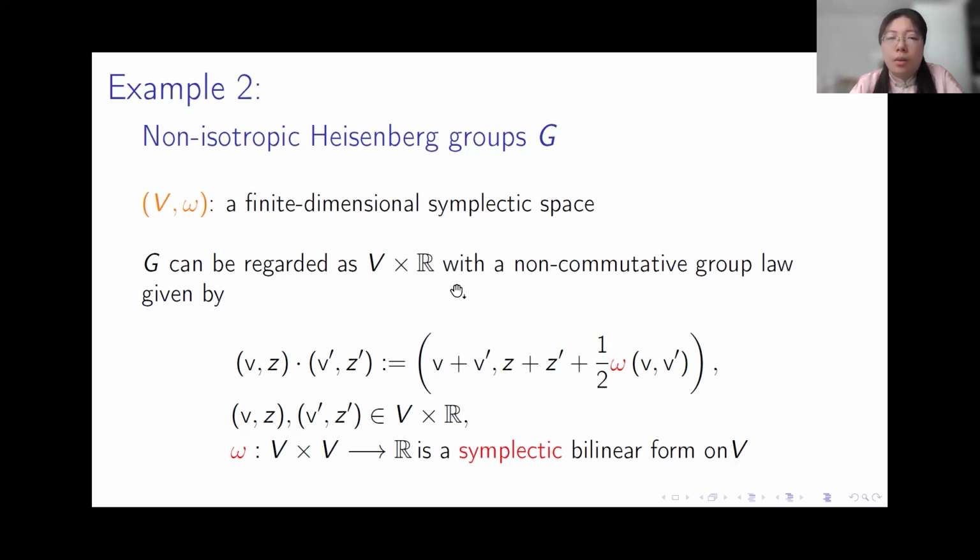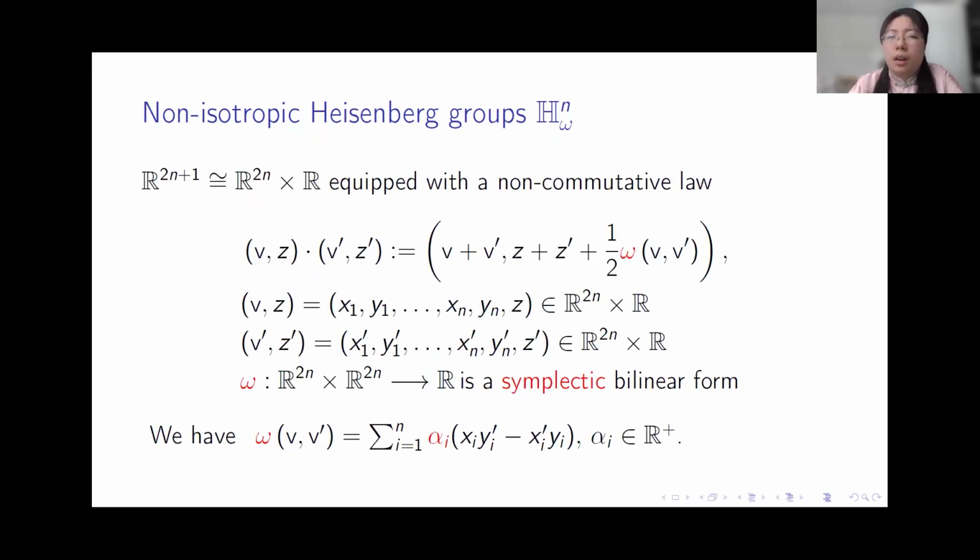The R would give you the center coming from the central extension, and this is obtained from the symplectic bilinear form omega from V times V to R. So we are considering a family of Lie groups labeled by this symplectic bilinear form.